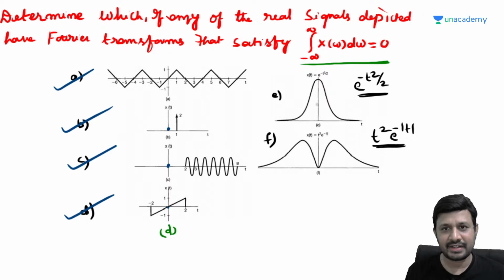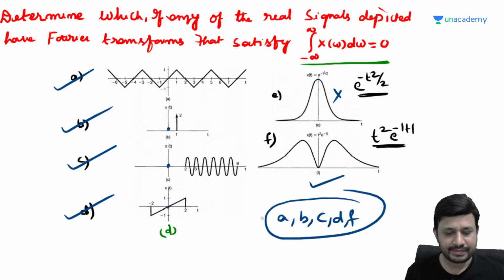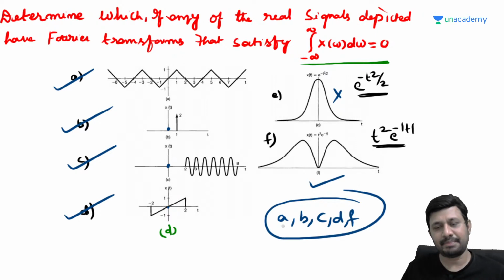Fifth one, at instant 0 it is not 0. And the sixth one, yes, at the instant 0 it is 0. So the answer is A, B, C, D, F, except E. Convinced? B, C also correct. Yes, yes, yes.